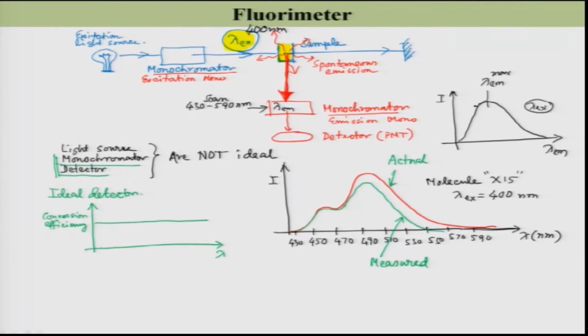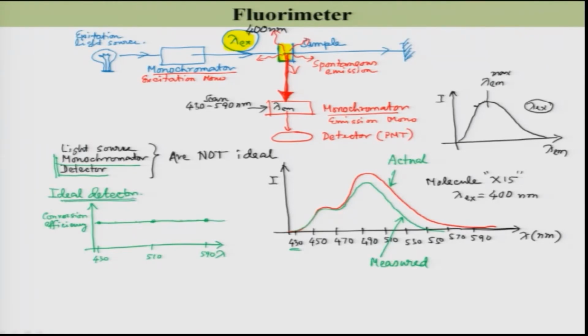So, here is my 430 as I have written over here, here is my 590, and here is my 510. So, the conversion efficiency for this light is this much, this light is this much, this light is this much, and it is really constant all over this wavelength. So, this is the ideal behavior of the detector.